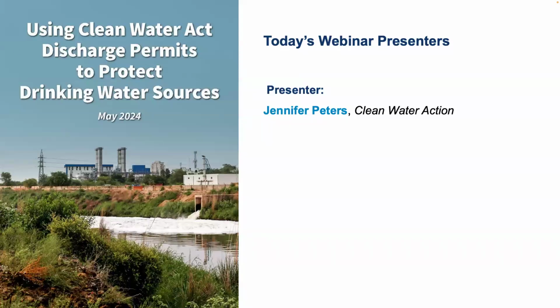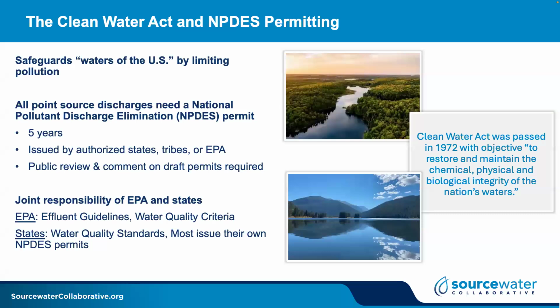I'm just going to give a very quick overview of the NPDES permitting process. So of course, the Clean Water Act safeguards waters of the US by limiting pollution, and NPDES permits, the National Pollutant Discharge Elimination System permits, are a very important tool for limiting point source discharges into waters of the US.